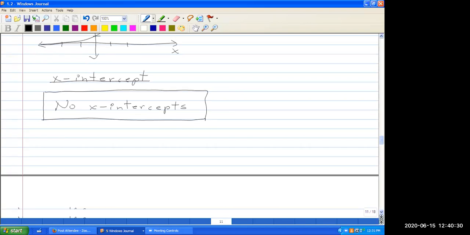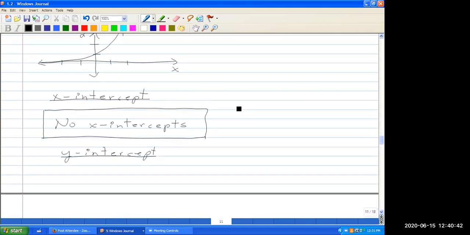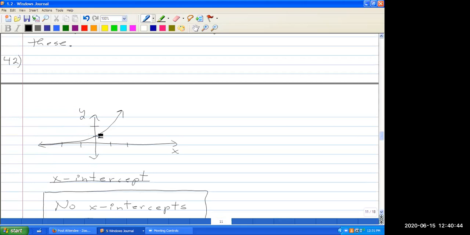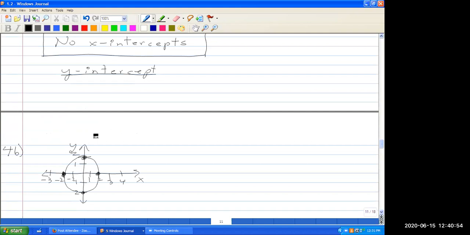Okay, next, y-intercepts. So again, let's visually inspect this and see if we have any y-intercepts. Well, yes, it does intersect. It intersects here, and it looks like it's intersecting at 1. So I'll make the assumption that it intersects at (0, 1). So by visual inspection, we have that it intersects here at (0, 1).